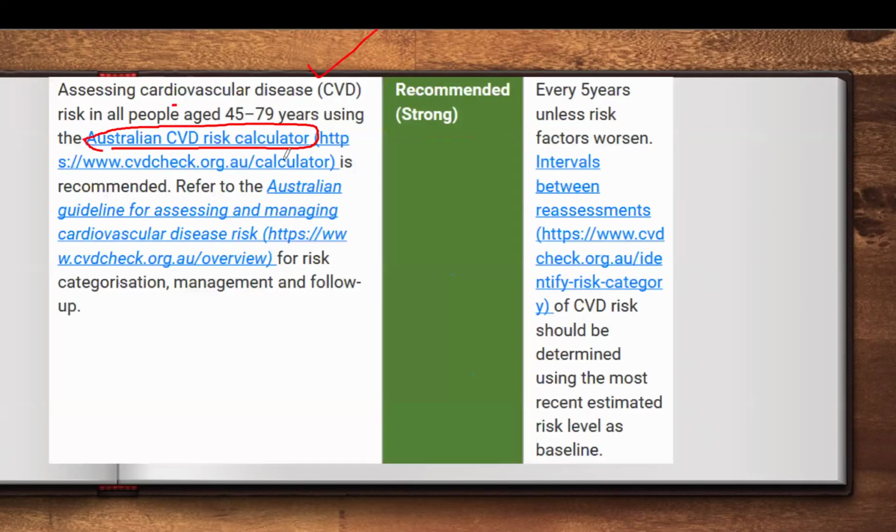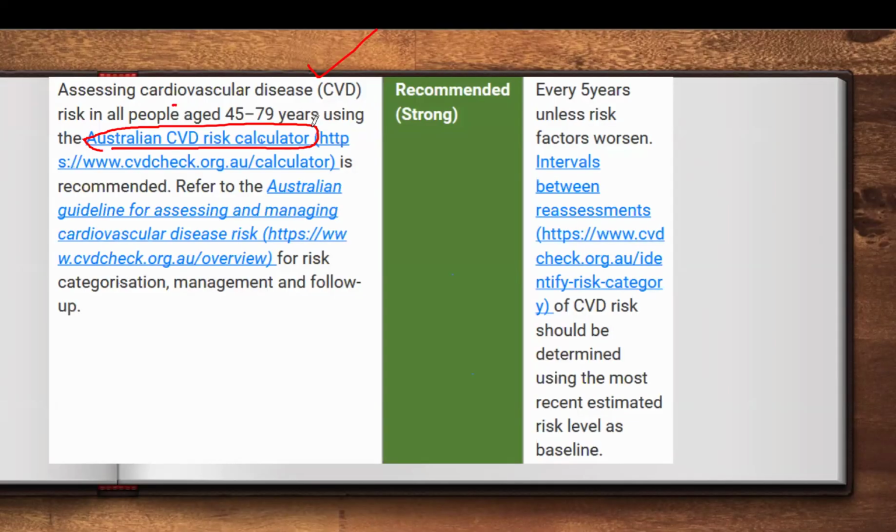If you open this link, it will show you that considering the age of the patient, the diabetes status, smoking status, gender, ethnicity, the HDL cholesterol ratio, blood pressure, everything, they have space to fill the form. And after that, it will tell how much chance there is for the patient to develop any cardiovascular disease in the next 5 years.